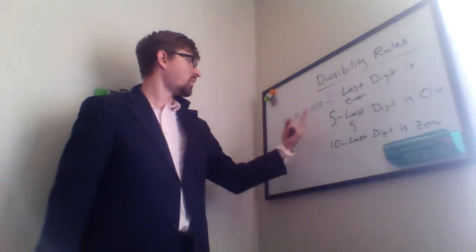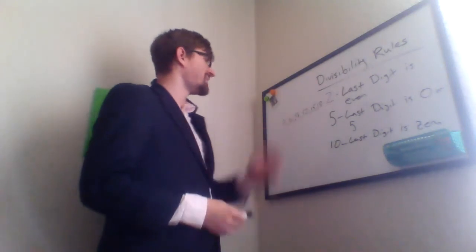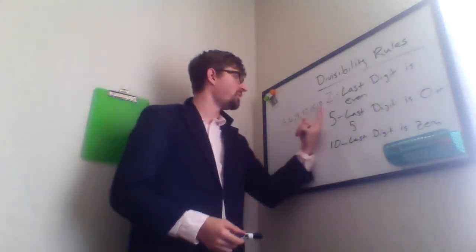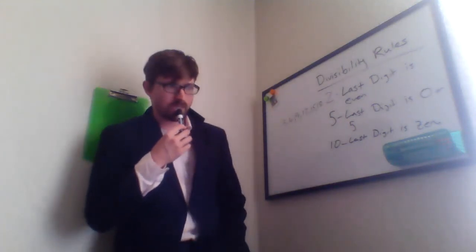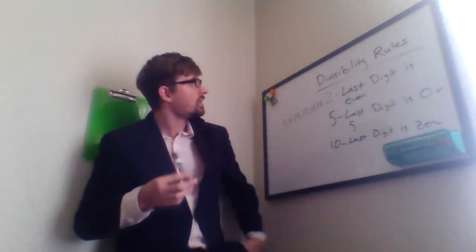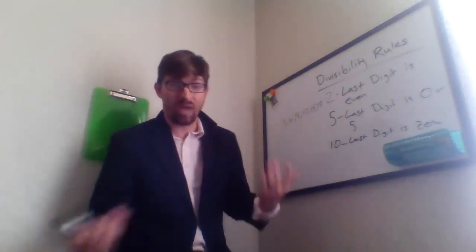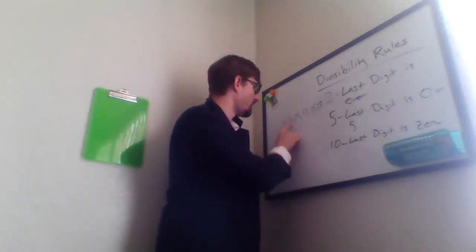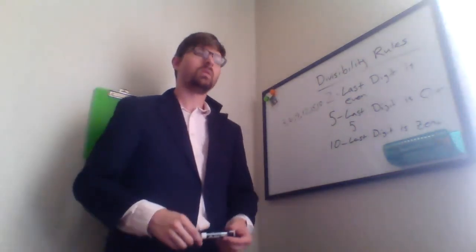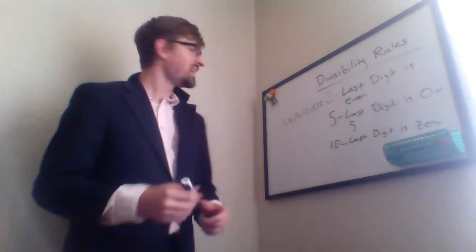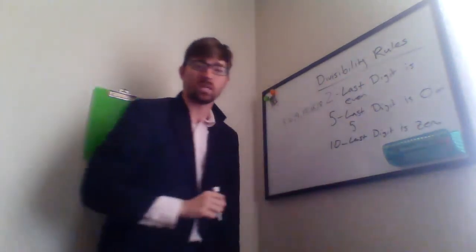3, 6, 9, 12, 15, 18, right? Let's ignore the 3, 6, 9 for a second and just focus on the 12, 15, and 18. Instead of looking at the last digit, because if you look at the last digit, it goes back and forth, odd, even, odd, even, right? How about this, though? Let's add these two digits together.